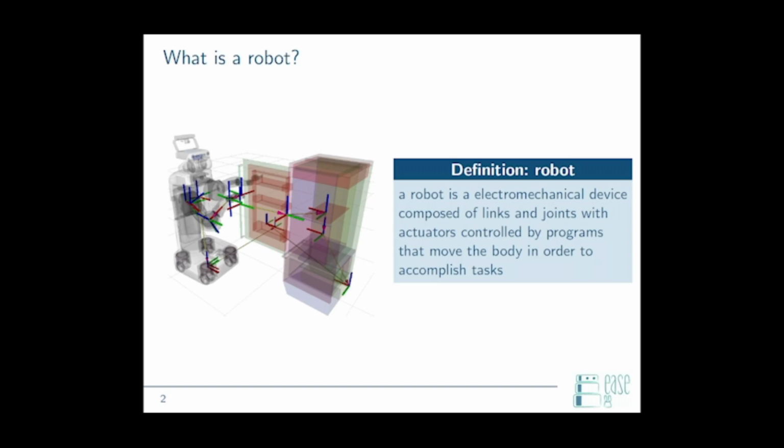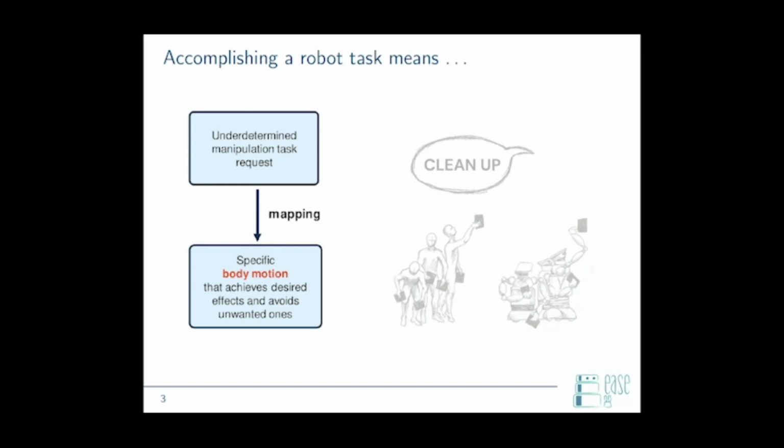And these programs generally have a purpose, namely to accomplish tasks. And in many, many cases, accomplishing the task means changing the physical world, such as opening a fridge, getting objects out of that, and so on. So we are designing robot control programs and implementing them in order to achieve, in the general case, underdetermined manipulation requests.